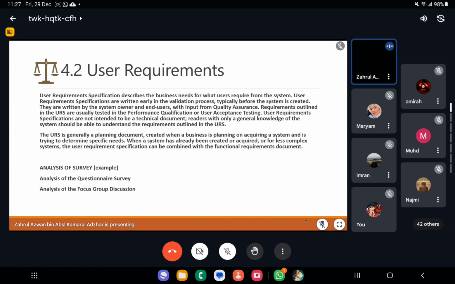The reason it is not a heavily technical document is that we want the user to be able to read and understand it. If you make it too technical, then the user will not understand. That's why if you put in the data flow diagram, it should be no problem because you will explain it to them.